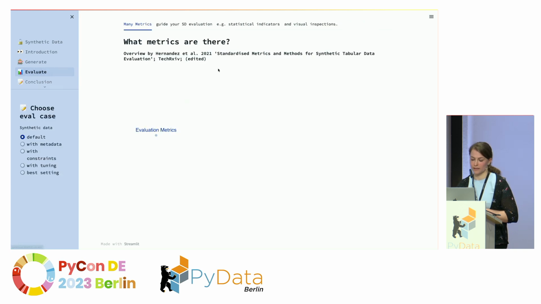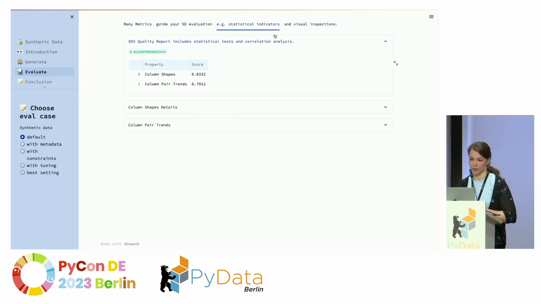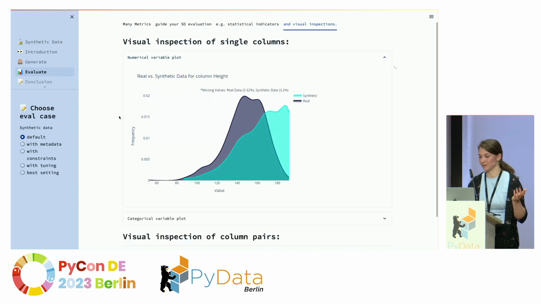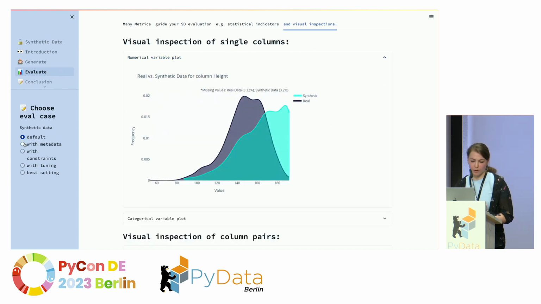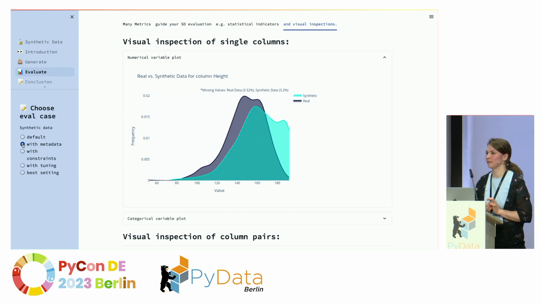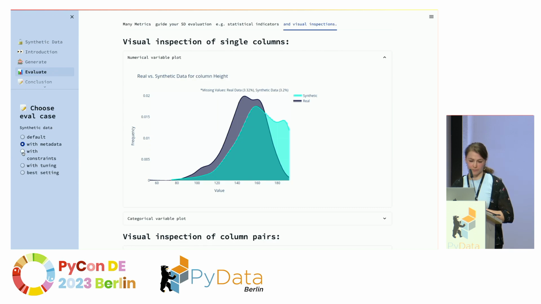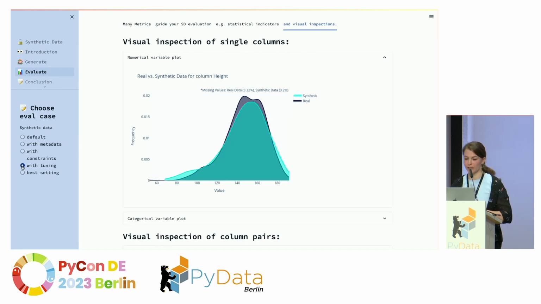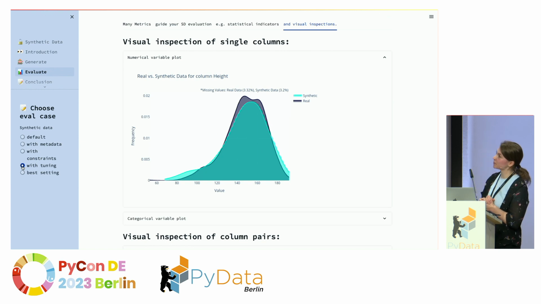So let's look at how the data is doing when we're actually improving it. I'm going to use the visual thing because we can see it way easier. When we add the metadata, we can see the distribution changes somehow for this column. It's a bit better. When we use constraints, it's actually even better. And remember, we were using a constraint actually including this column. With tuning, we can actually be quite happy with this, I think.